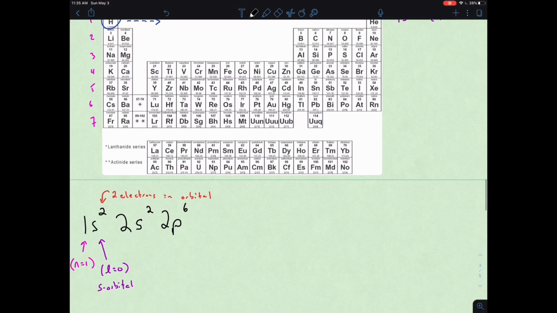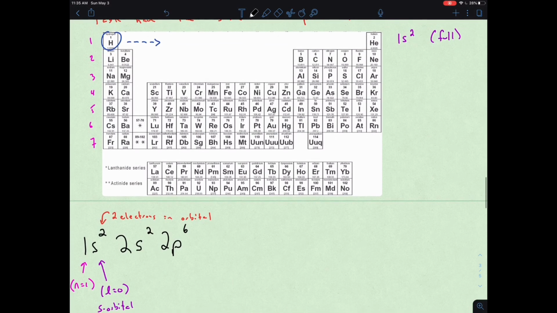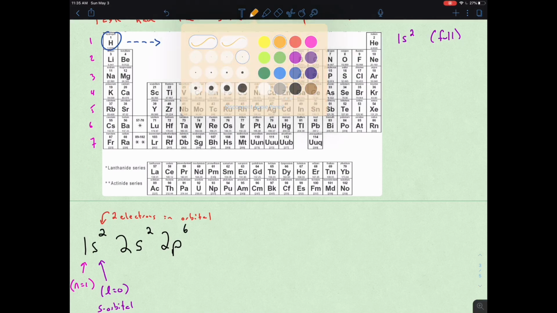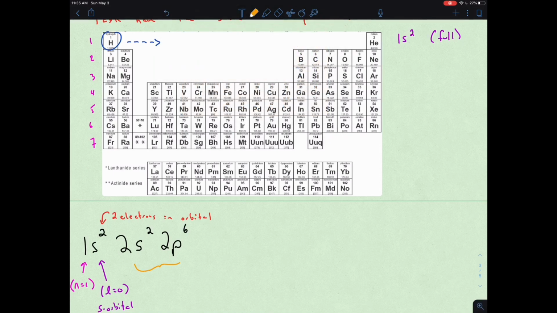And just as a side note here, if you count up the total number of elements going left to right, we have a total of 8 elements.